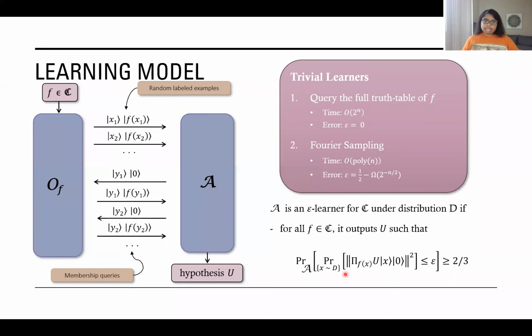And what I mean by slightly better than random is that the error is, let's say, bounded away by Omega(2^(-n/2)). So you do something slightly better than a random guess, but not much better. However, you don't run into 2 to the n time. You can do this in polynomial time. So this is like the second kind of trivial learner that we have.